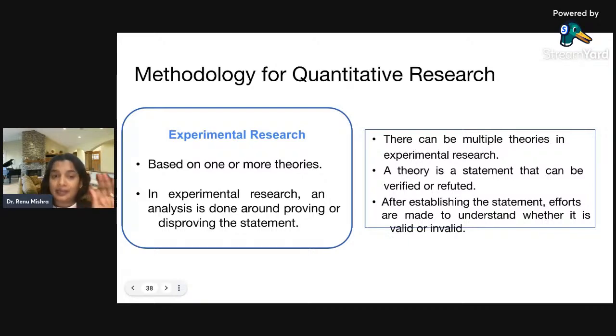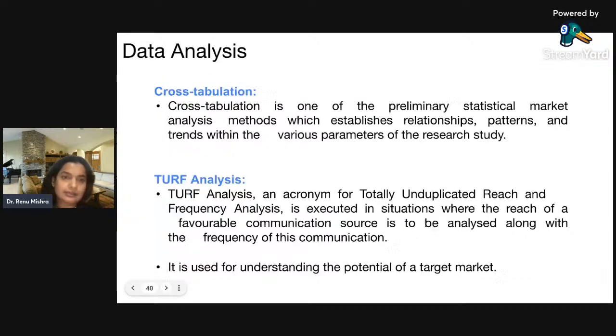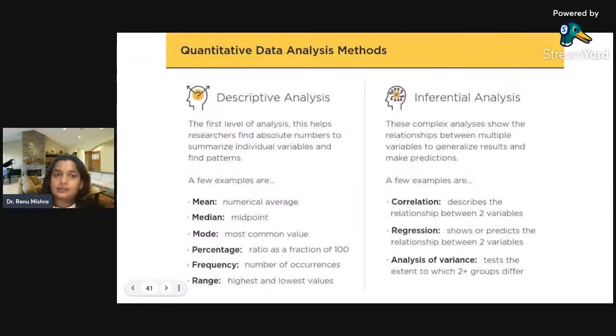That's called experimental research. Now, when you talk about data analysis, like I told you, for qualitative, you have NVivo, MAXQDA. For data analysis in quantitative also, you have SWOT analysis, conjoint analysis, cross tabulation, where you want to understand the relationship, and TURF analysis.